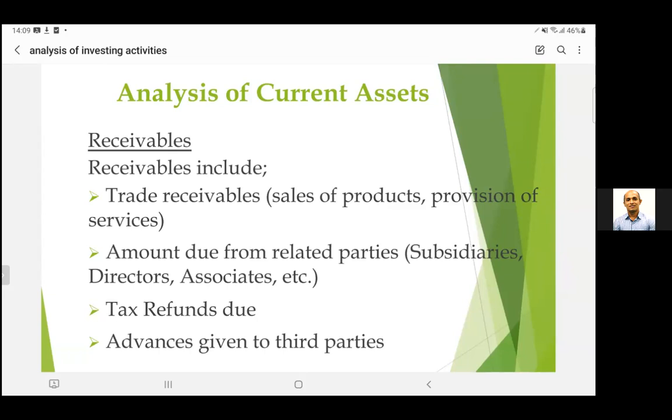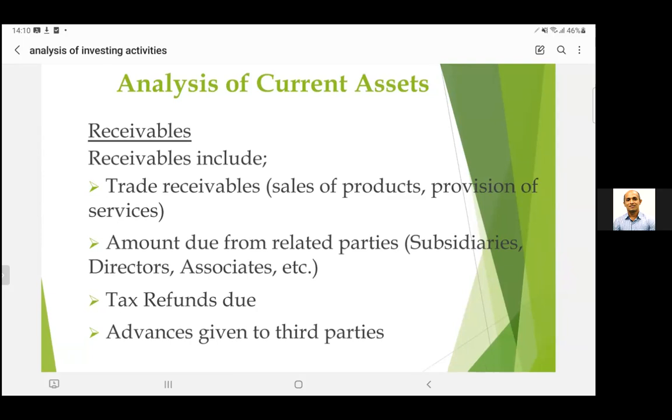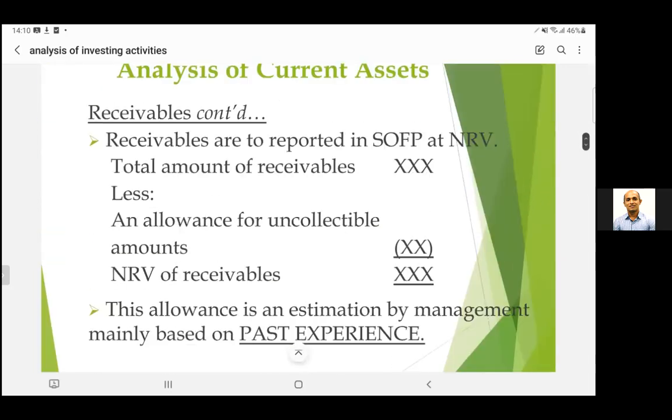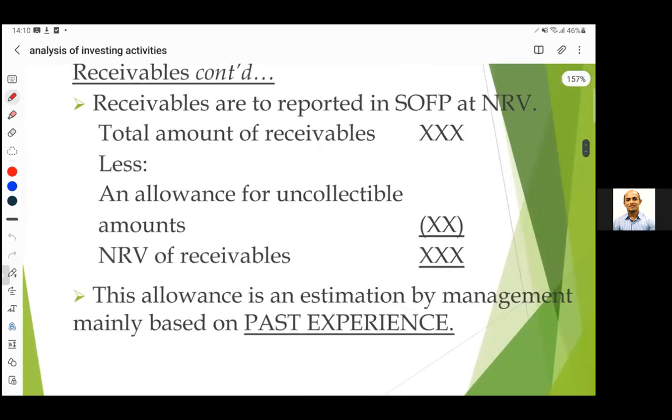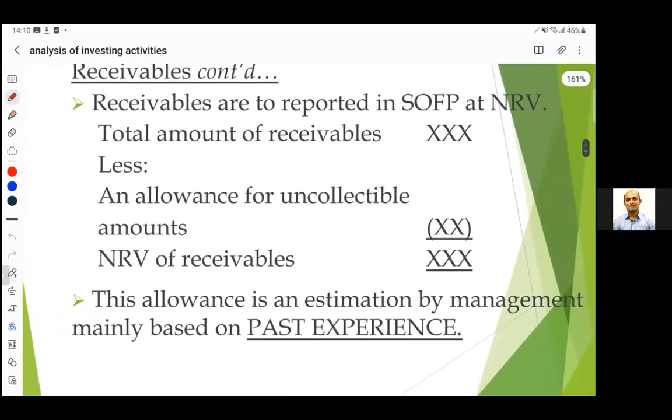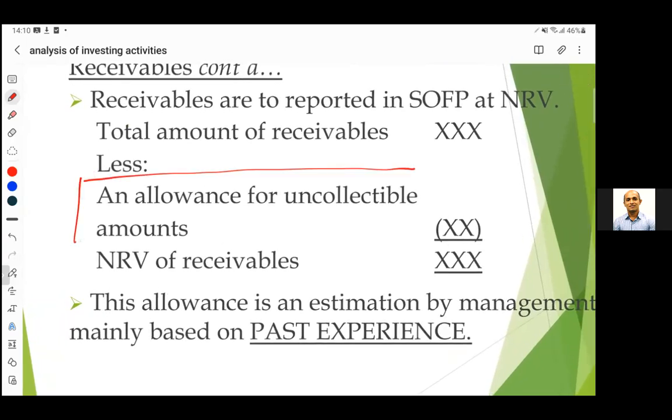After initial measurement, you have to assess collection risk. After assessing the collection risk, you have to make a provision for doubtful debts.